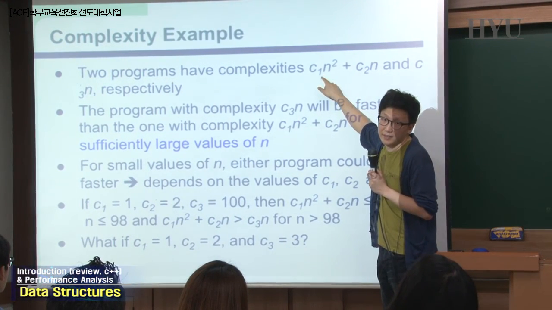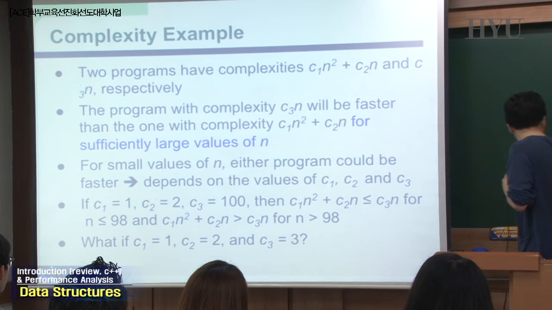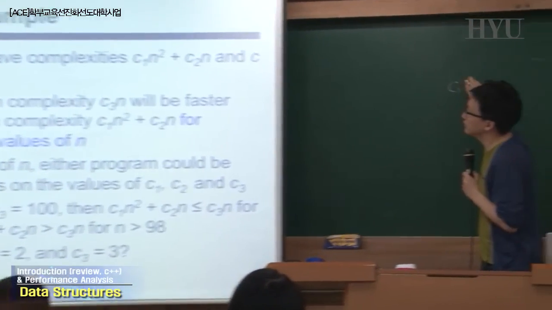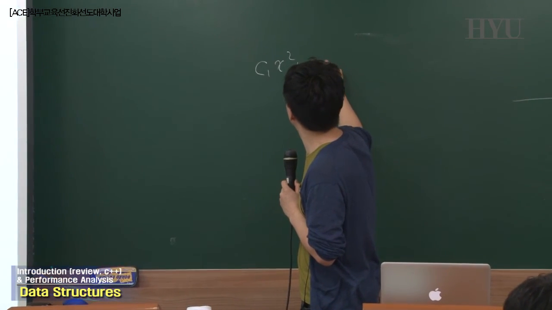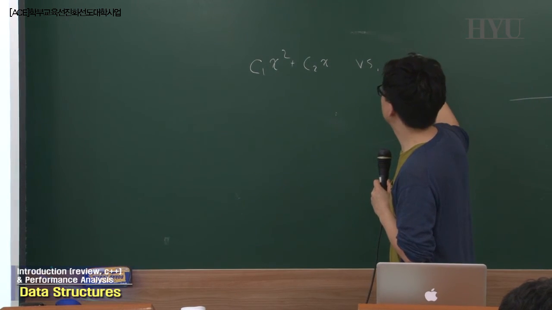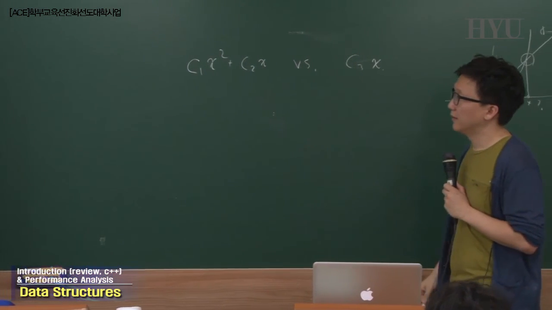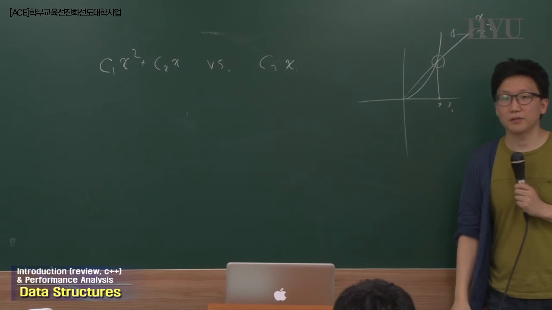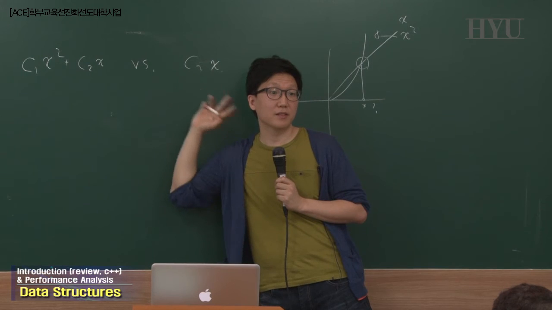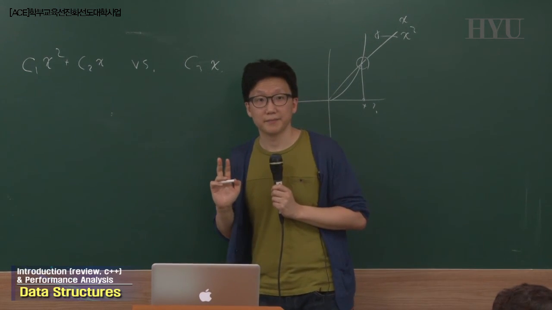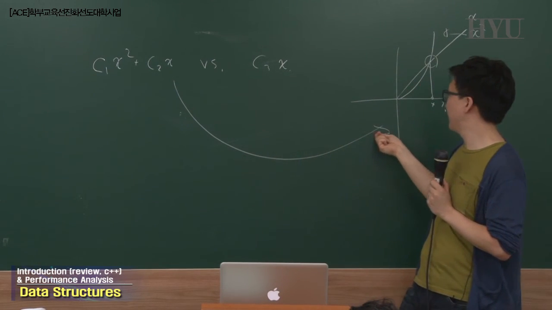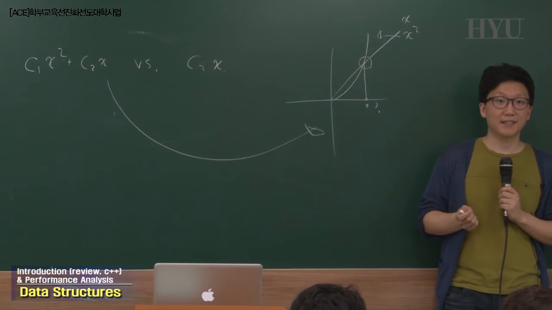Think of it as an x squared: c1 x squared plus c2 x versus c3 x. Algorithm 1, algorithm 2, they have these two different complexities. I'm just using n as x. Exactly the same thing, right?